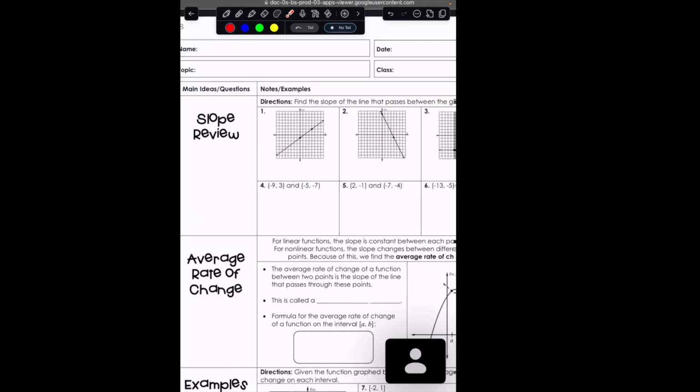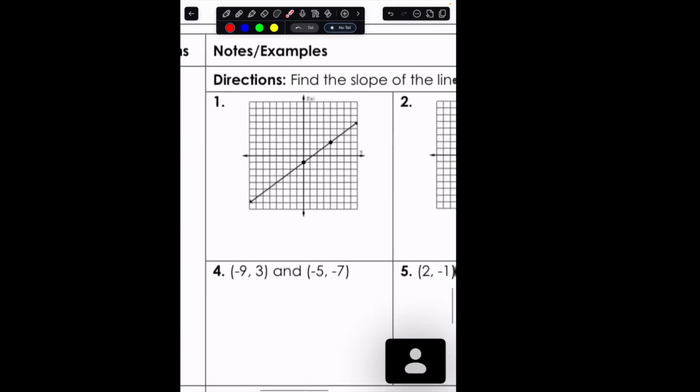So, if you remember slope way back from middle school, very early math stages, we have slope as being rise over run, right? So our rise here is 3. So I'm rising 3 and then running 4. So rise 3, run 4.